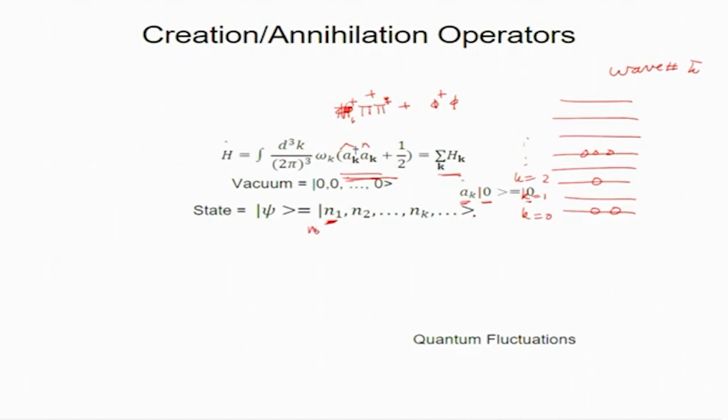For every wave number I have a number of particles. So we call this state psi, right. The number of particles in each of these wave numbers can vary, is allowed, in fact it happens in real life. An electron positron pair can collide and give two photons. So this electron positron pair is gone, right.